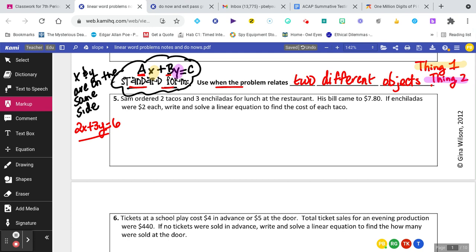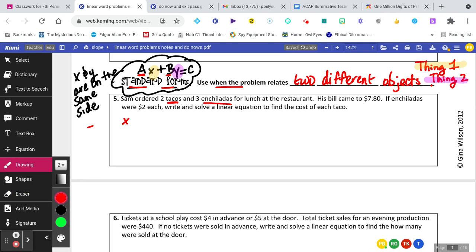All right, so let's take a look at number 5. Sam ordered 2 tacos and 3 enchiladas for lunch at the restaurant. I already have thing one and thing two. Thing one, I'm going to let be tacos, and thing two, I'm going to let be enchiladas, okay? So let me erase this, guys. I'm going to let x be the number of tacos.